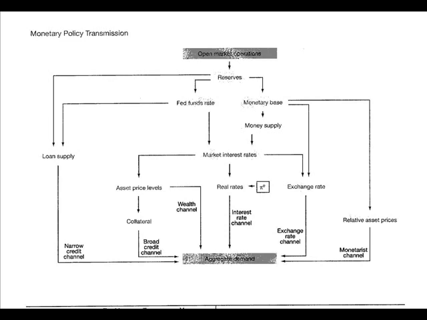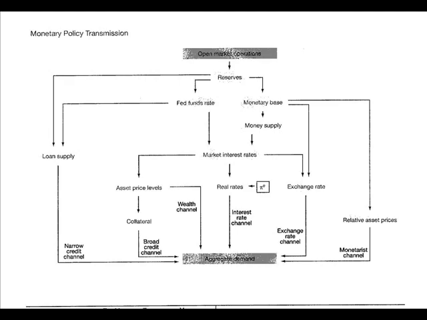There's actually 6 channels in this diagram: the narrow credit, broad credit, wealth, interest rate, exchange rate, and monetary channel. And then it hits the real economy. Y equals C plus I plus G. C plus I plus G, that's aggregate demand. That's what you see at the bottom there. So the idea is that the Fed can change the rate through open market operations and then can affect the real economy with some lag.